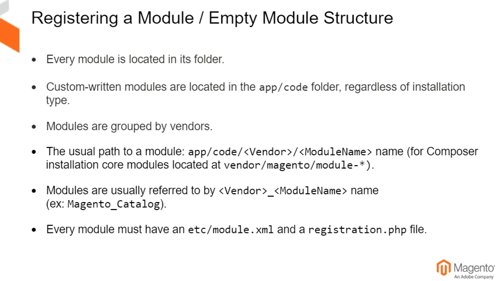For example, Magento_Catalog. Magento equals vendor and Catalog equals module, or MagentoU_MyModule. Note that module names are case sensitive. In the following slides, we will cover the module.xml and registration.php files.